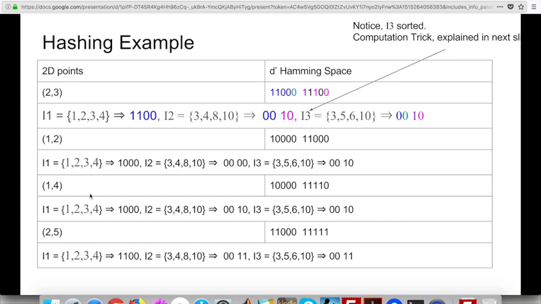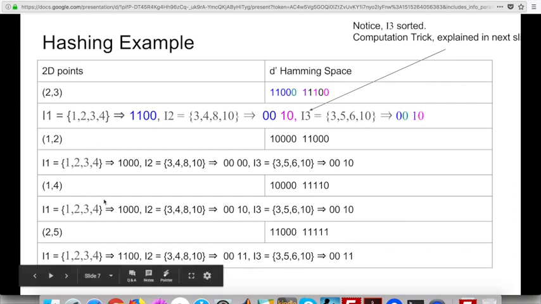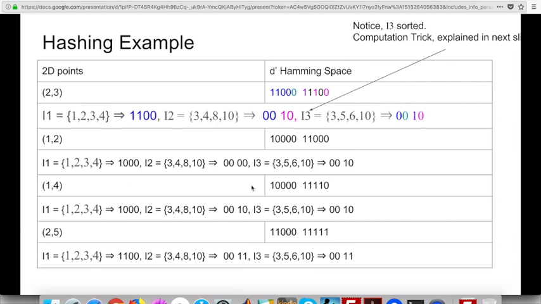You can do the rest. The rest of the calculation is available here. I will not go over it right now, but there is one point that I need to mention: these randomly sampled integers are now sorted, and this is a computation trick that will be explained in the next slide.